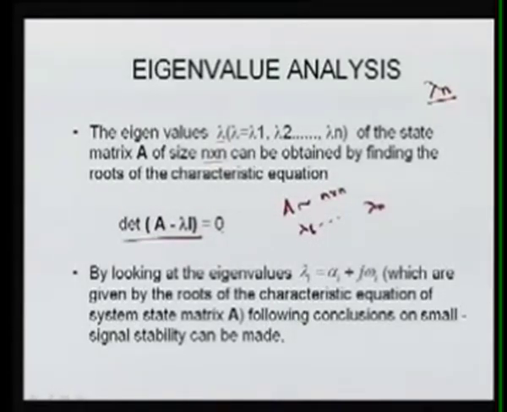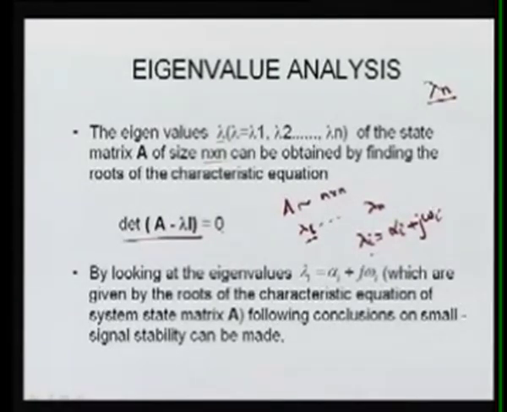The eigenvalues may be real, they may be complex. So normally any eigenvalue lambda i will have a real component alpha i plus a j omega i component, which are given by the roots of the characteristic equation of the system state matrix A. The following conclusions on small signal stability can be drawn.